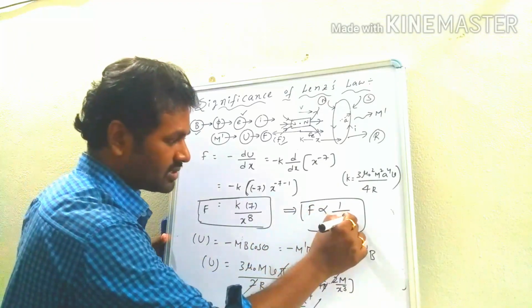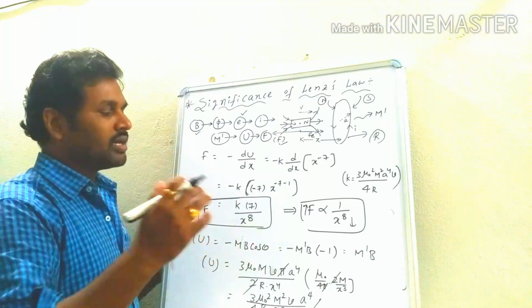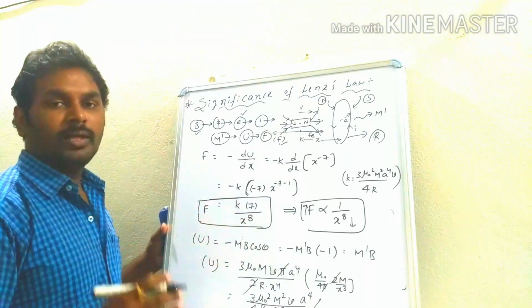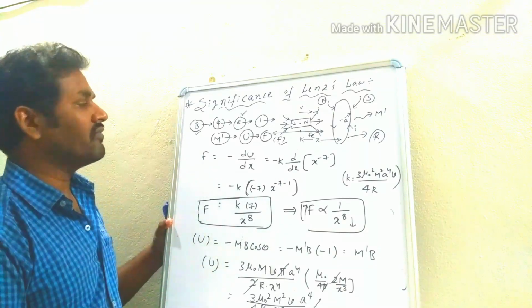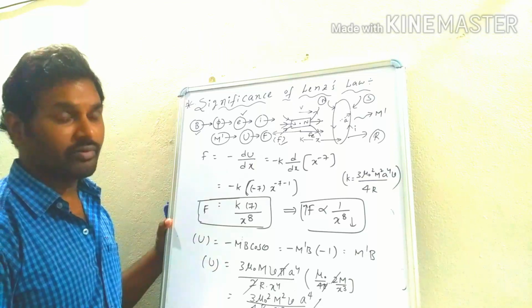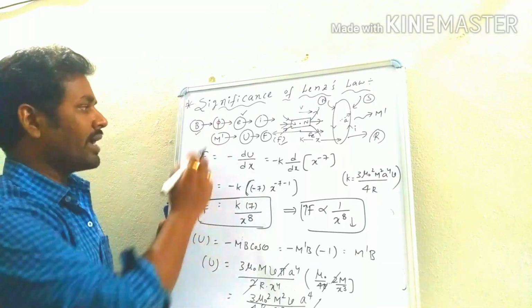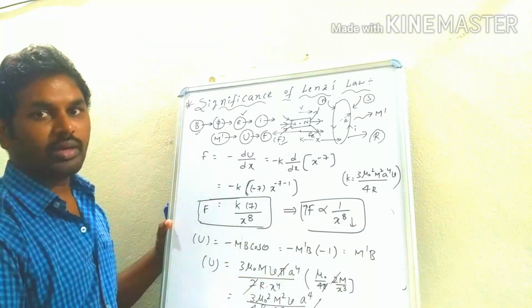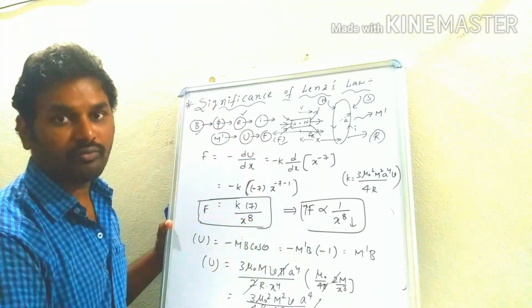If x decreases, the force increases very much as compared to all the other parameters, where we have seen B proportional to 1 by x cube, or flux is proportional to 1 by x power 4, or E is also the same thing. I is also the same thing, magnetic moment, but potential energy is proportional to 1 by x to the power of 7, and finally the force comes as 1 by x to the power of 8.